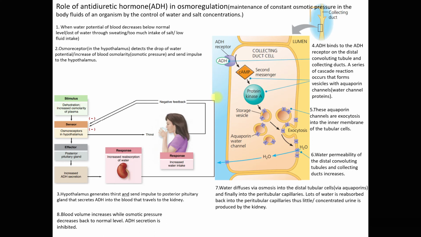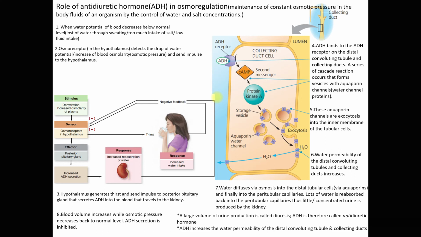The water potential of your blood, or your blood volume, will increase back to the normal level, or the osmotic pressure in your blood will decrease back to the normal level. And then what happens after that? ADH secretion is inhibited. Now, a large volume of urine production is called diuresis. Diuresis. Large volume of urine.